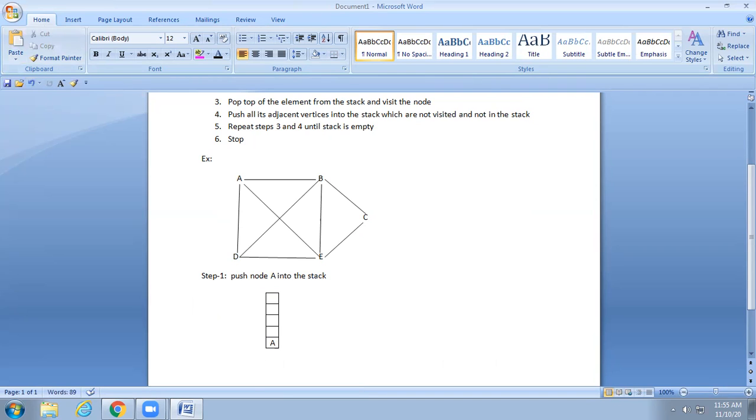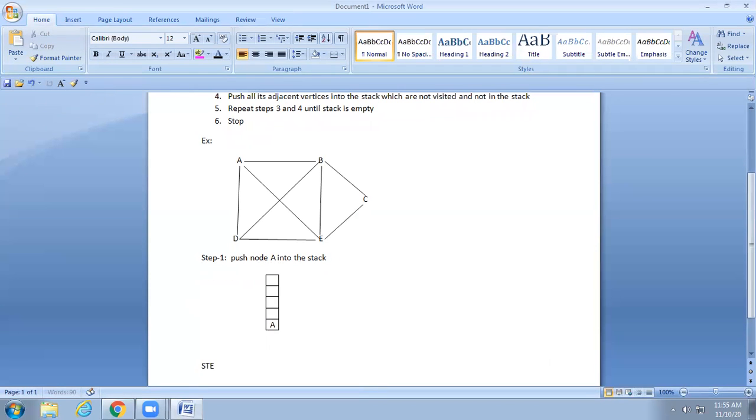Step 2. Pop node A from the stack and visit the node.